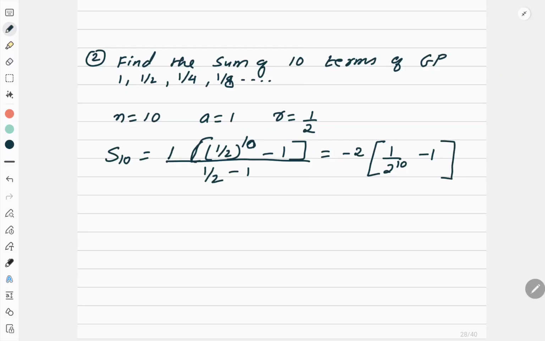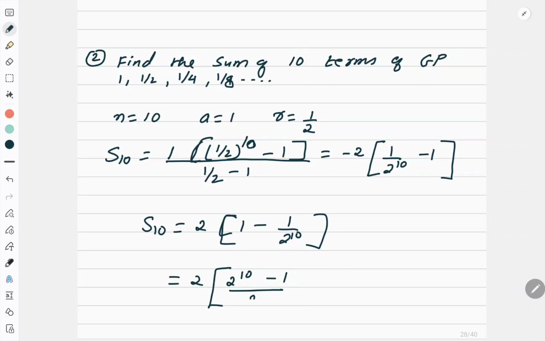If I want to absorb the sign inside, I can very well write this as S10 is equal to 2 (1 minus 1 upon 2 to the power 10). If you want to take the LCM, you can take the LCM. Otherwise, this is the answer. Or if you want to simplify it further, you can write it as 2 to the power 10 minus 1, since 2 is a small number.